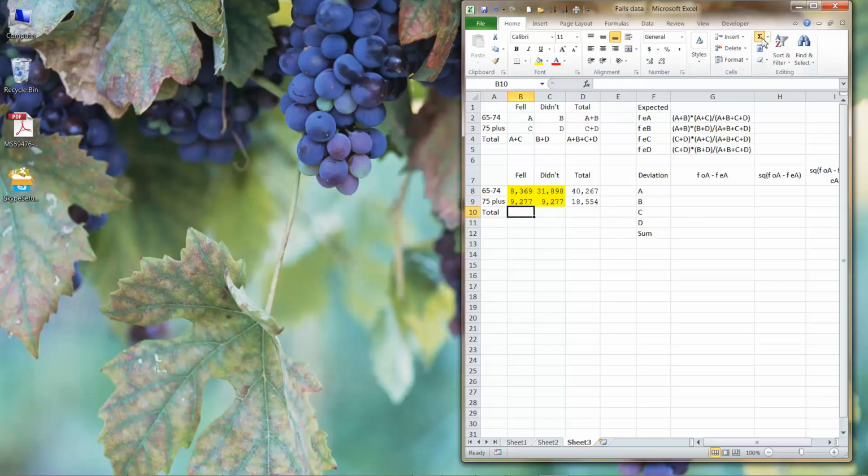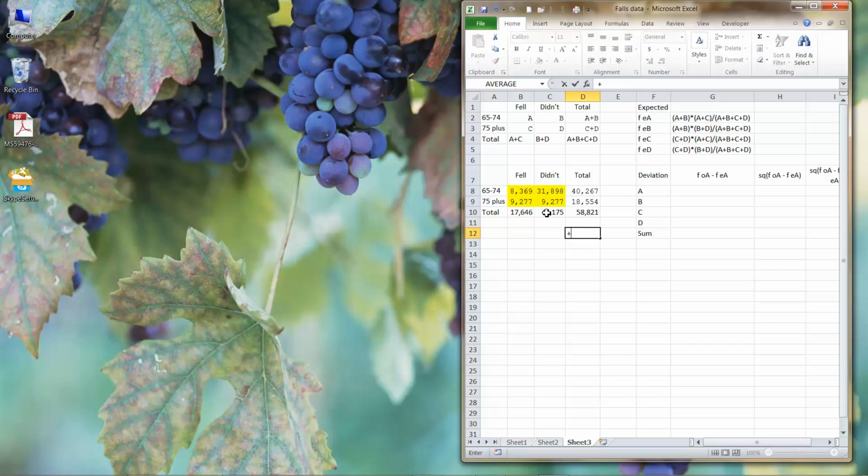Let's tally up the falls. That's A plus C. Tally up those who didn't fall. That's B plus D. And so younger plus older is the total, 58,821.